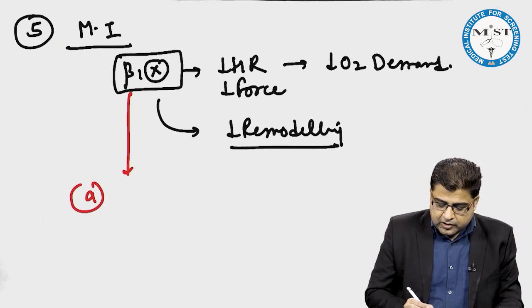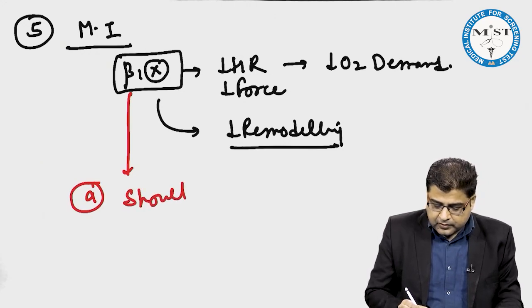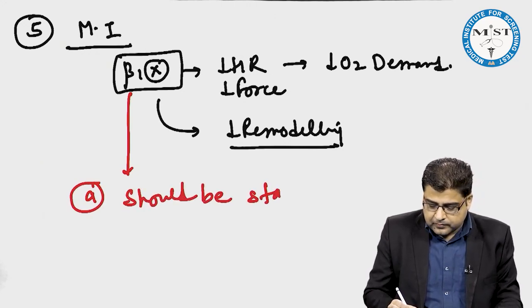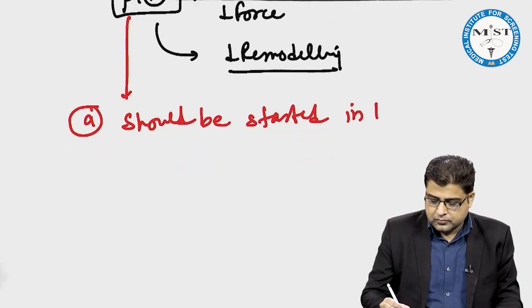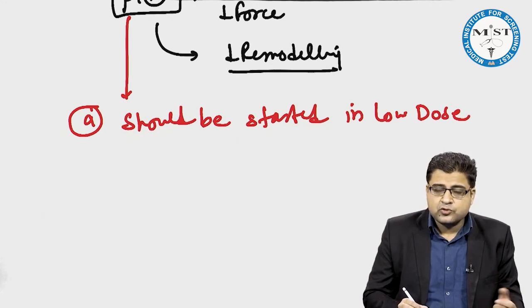So, beta blockers should be started in low dose and gradually increased to the optimal level.